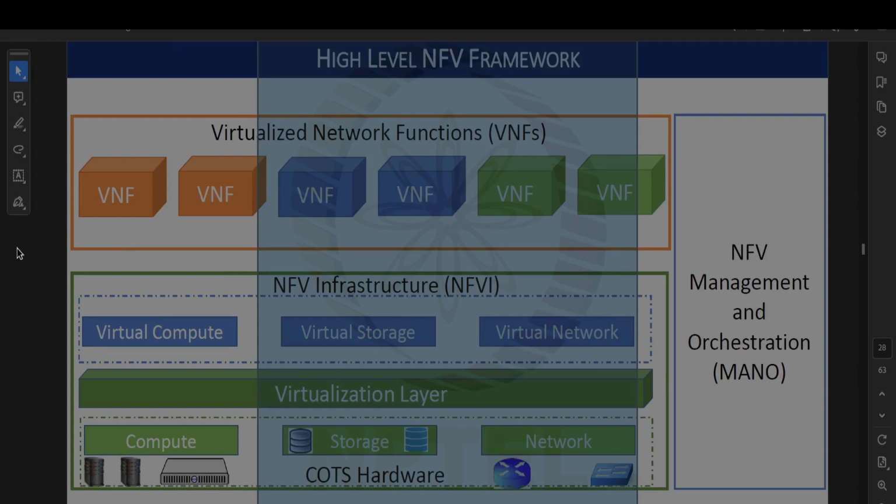For that we need something called management and orchestration. So there is another part which takes care of the management. We call it MANO, which is the management and orchestration.